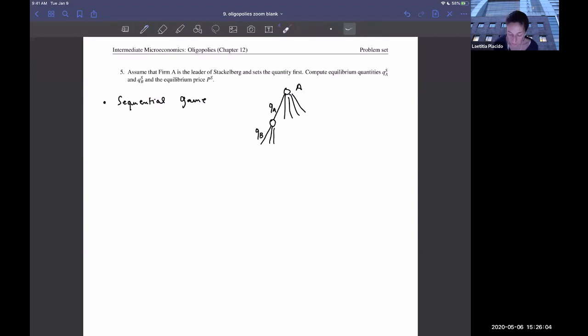So what do we know in stage 2? We know that firm B is going to set QB following its best response. If firm A sets a quantity QA in the first stage, then firm B is going to set a quantity QB given by this equation.